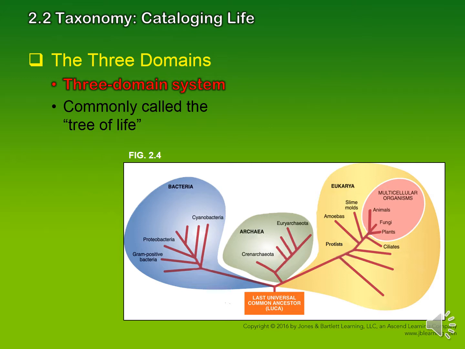Okay, so there was some original cell, and that divided, and then was able to divide to make all the bacteria and the eukarya, and then at some point after things had split into the eukarya, the archaea domain, those things were there in that middle domain.